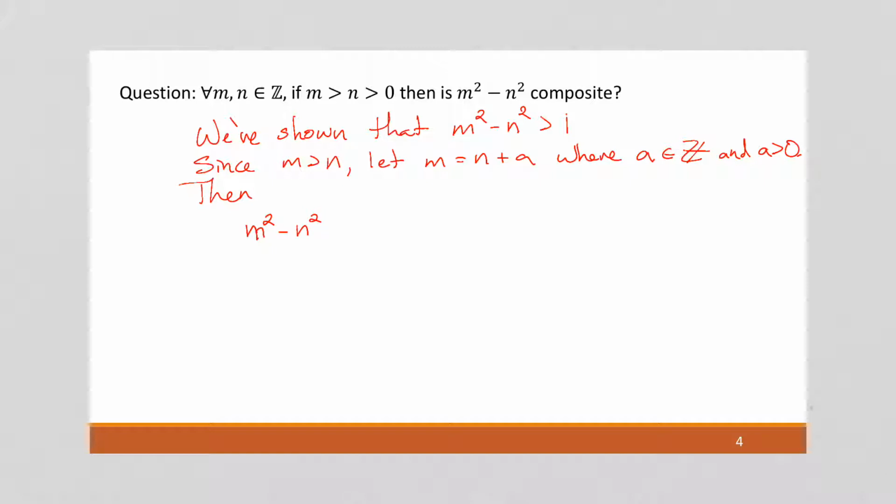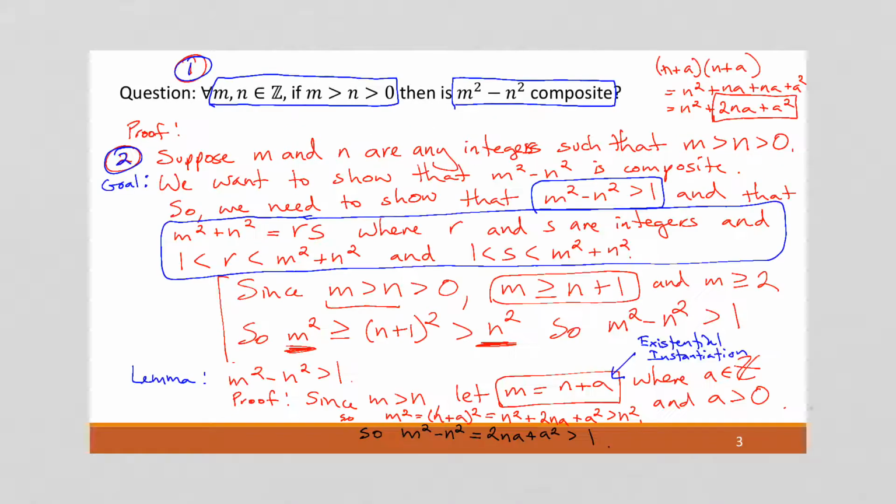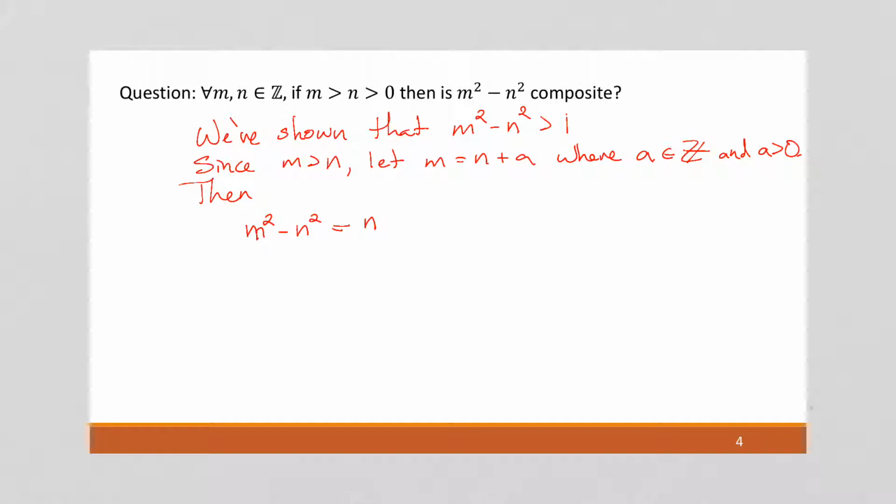We've shown that this is equal to, oh, wait a second, m squared plus 2na plus a squared minus n squared, because we showed that this was m squared.